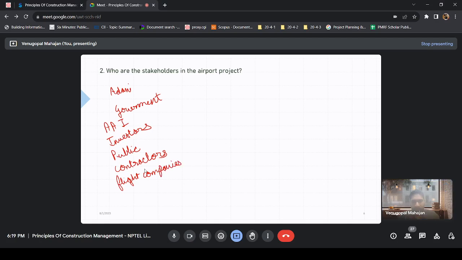I couldn't catch the last thing. Can you please repeat? Okay, anybody else or any other stakeholders? End users. I guess that would be similar to the public, right?